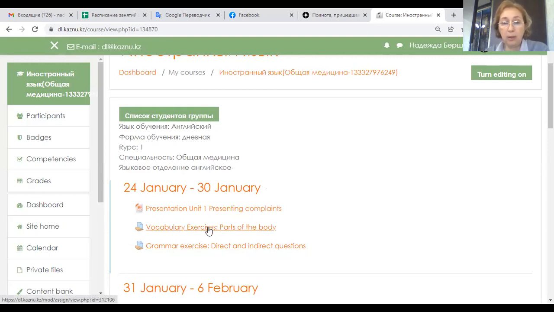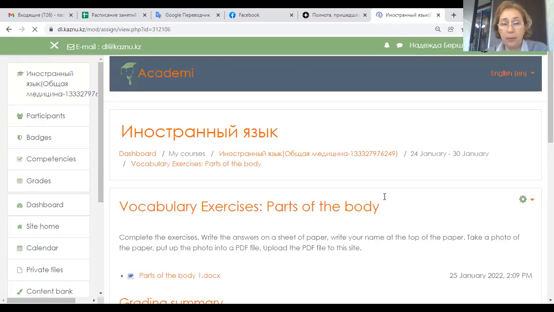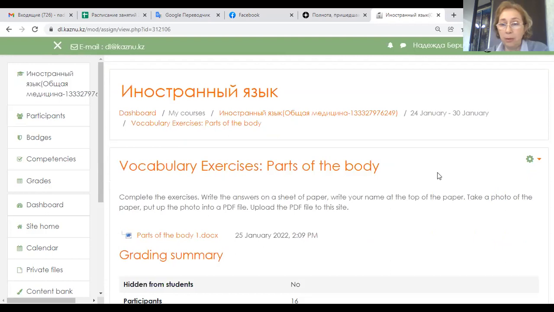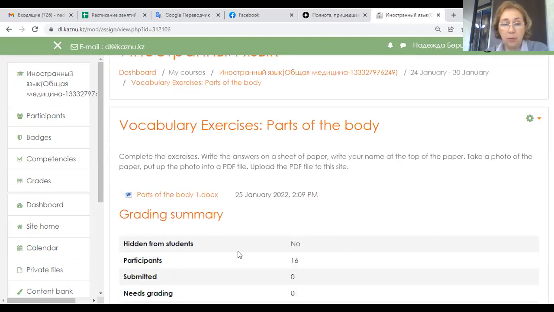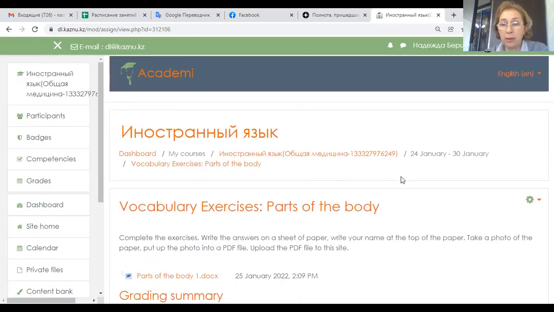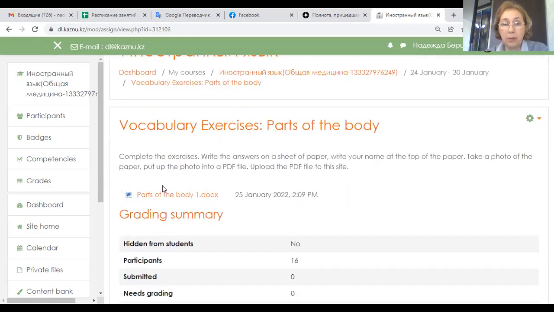So you should click on vocabulary exercises, for example, and on my page there is information about the results. But anyway, we can see the task here, the assignment.